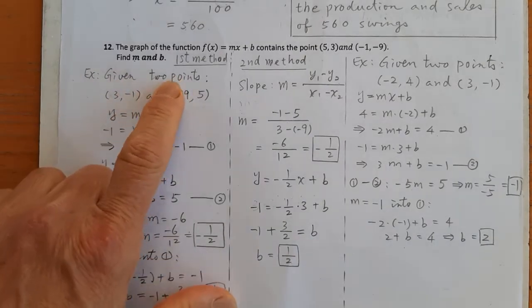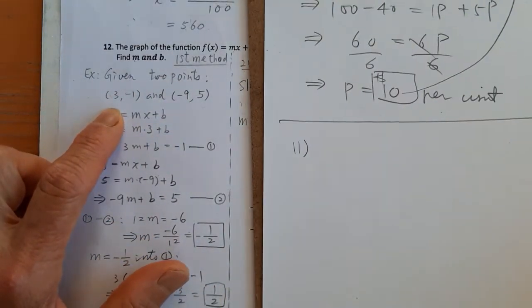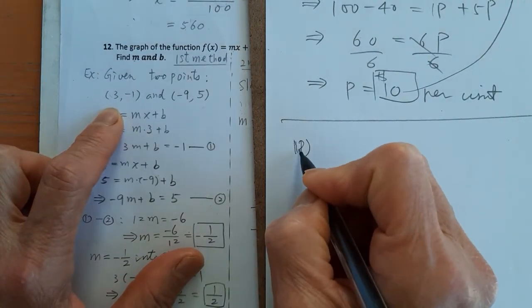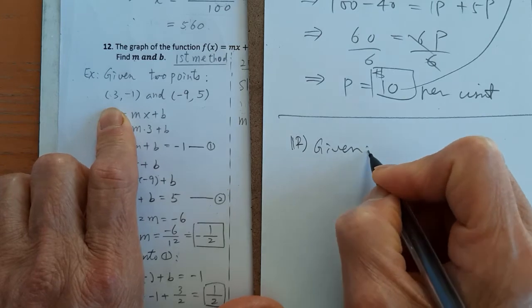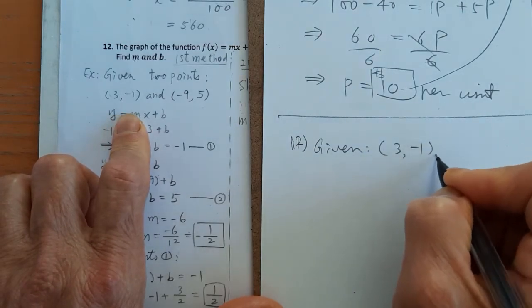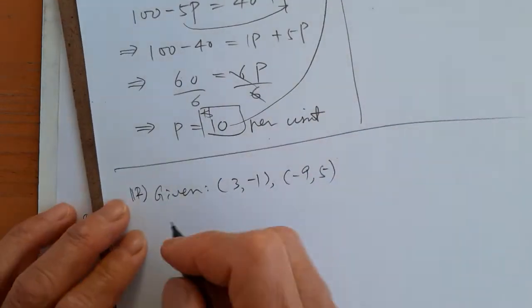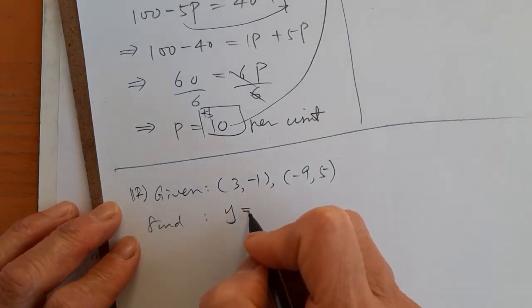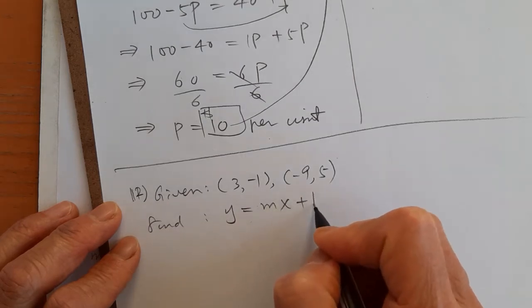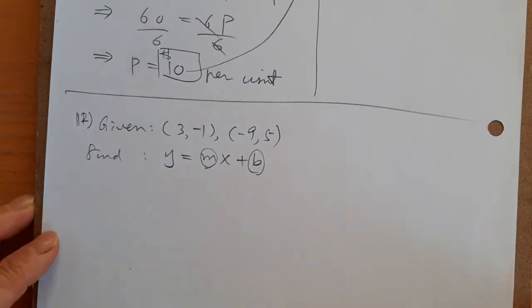Given the 2 points, 3, -1 and -9, 5, find the linear function y equals mx plus b, and find the m and the b for the linear function containing the 2 given points.